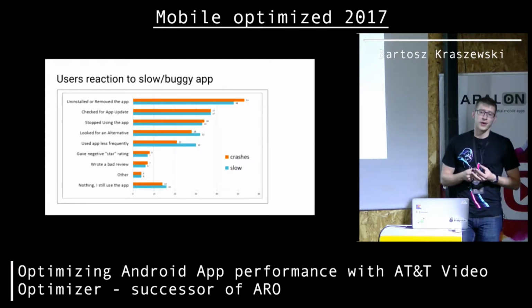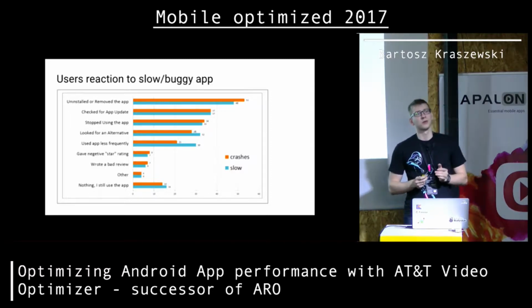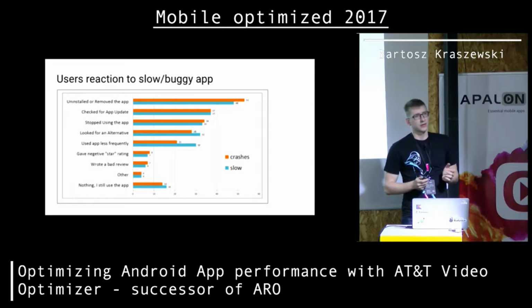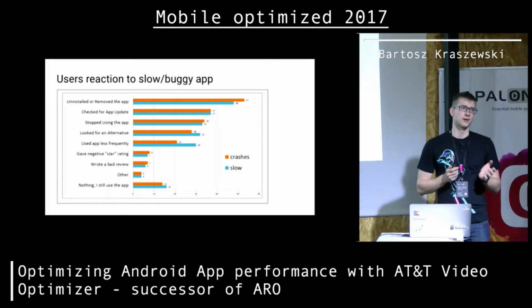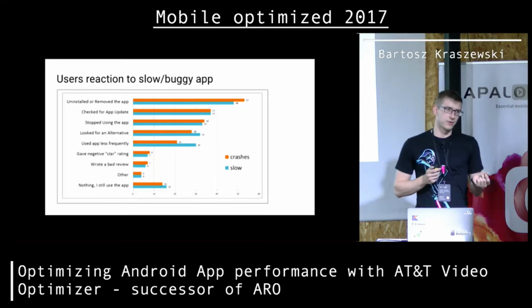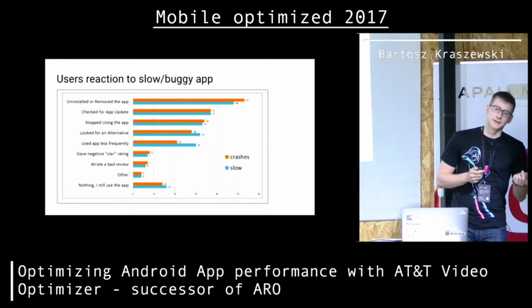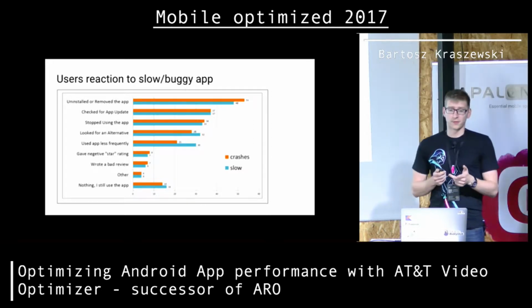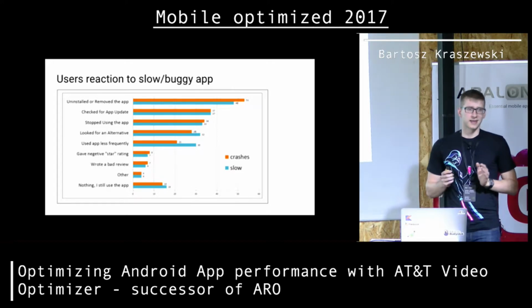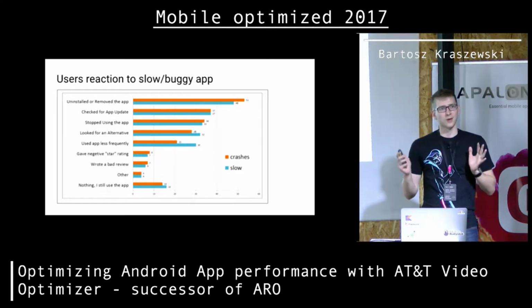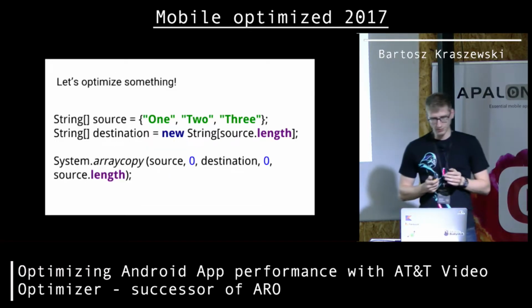And what's the user reaction to a slow or buggy application? We are most likely going to lose our user because they are going to uninstall the application. There's a huge chance they are also going to give you a bad review, just a 1-star rating. But luckily, about 15% of users will still use your application. But again, that's not what we are aiming for. We want the whole cake, the whole 100% of the users.